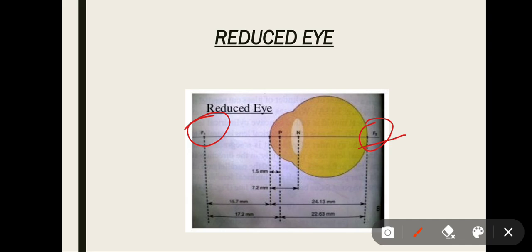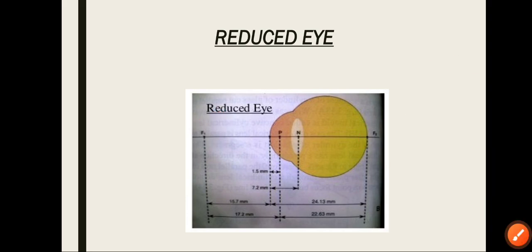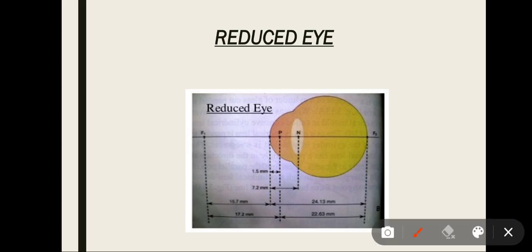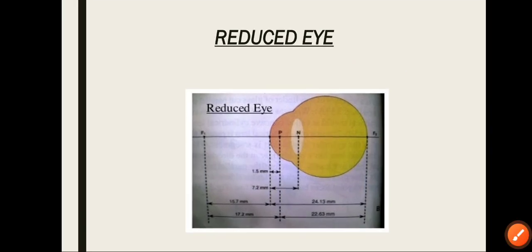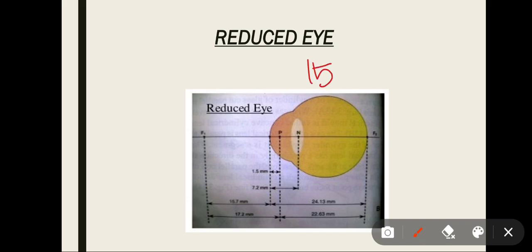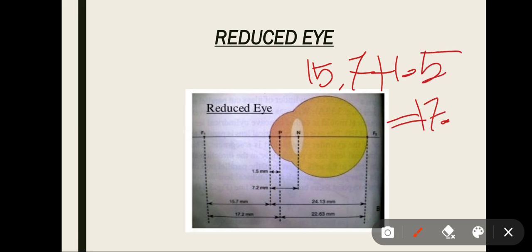Anterior focal length, that is small f, is 17.2 millimeter, because there will be 15.7 plus 1.5 equal to 17.2 millimeter.